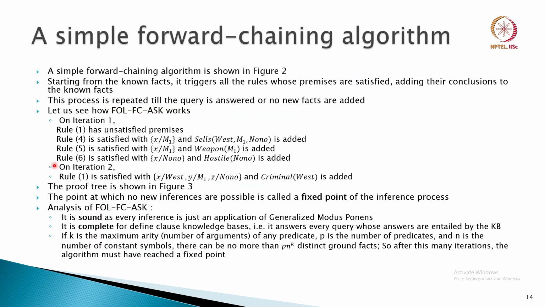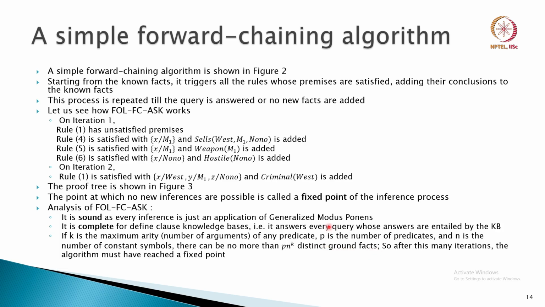And you will be able to see that it is sound. It is complete because you are going to come up with everything that you can infer from it. And if k is the maximum number of arguments that you have for any of the predicates, so we can see in this case it's 3, P is the number of predicates that you have and n is the number of constant symbols, then you will get no more than p into n to the k distinct ground facts.